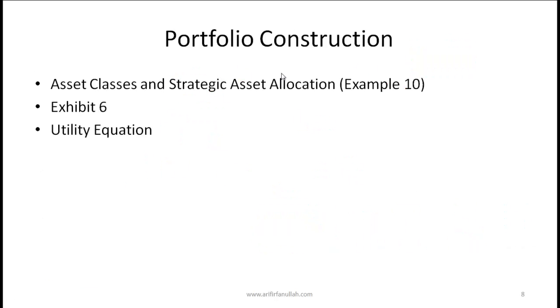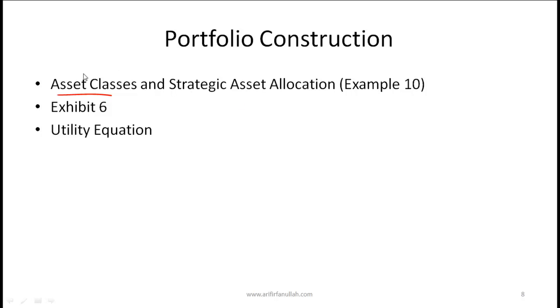So now let's talk about the portfolio construction process. To do so, first let's understand the basics. What are asset classes and what does strategic asset allocation mean? We've talked about this briefly earlier.